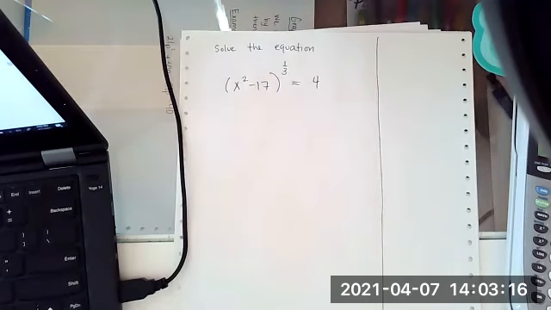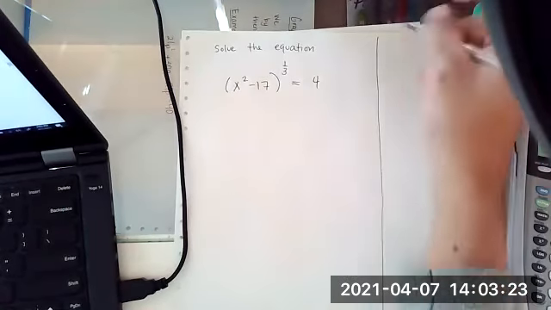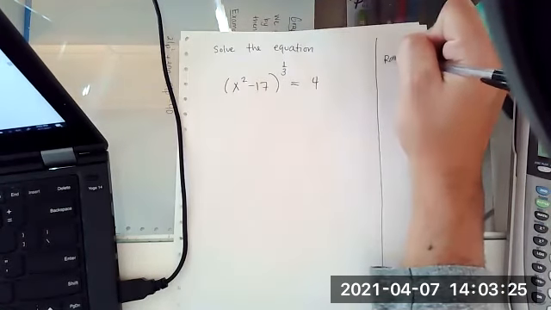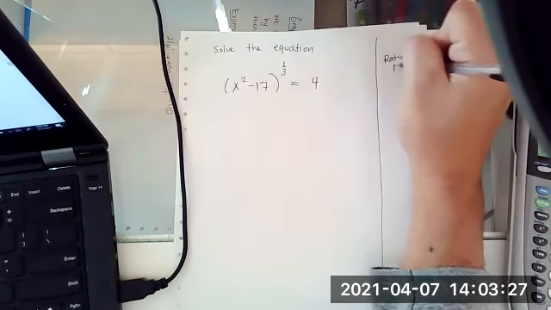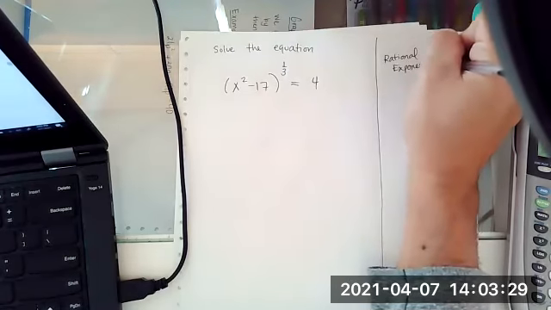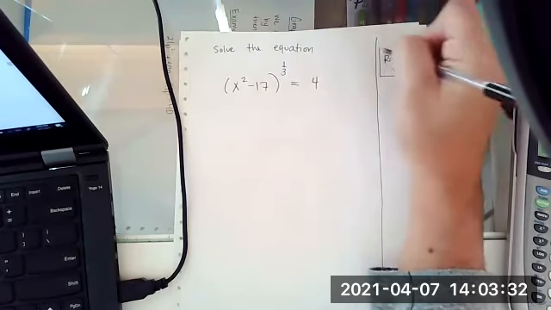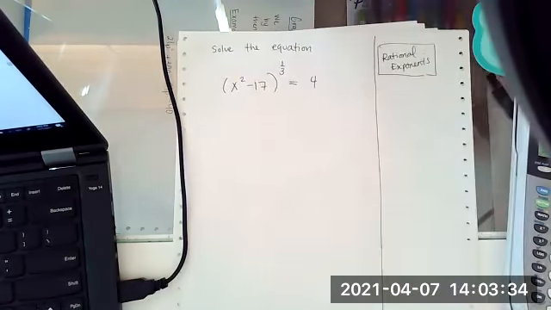Can anybody tell me what kind of equation this is? Rational exponents. Yeah, this one's an equation with rational exponents. Okay. Does anybody know what the first step is here?